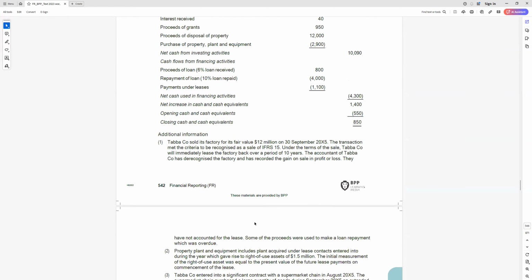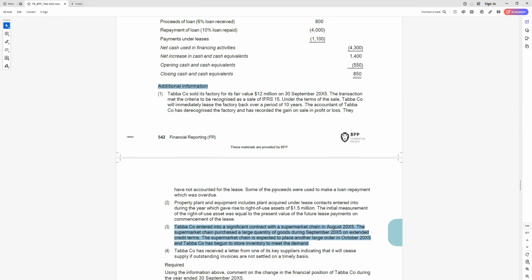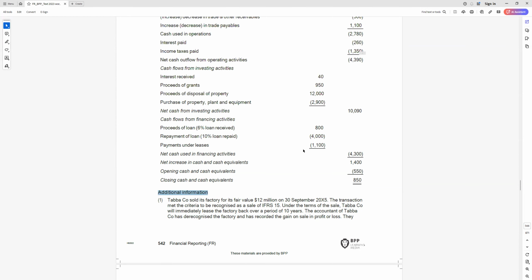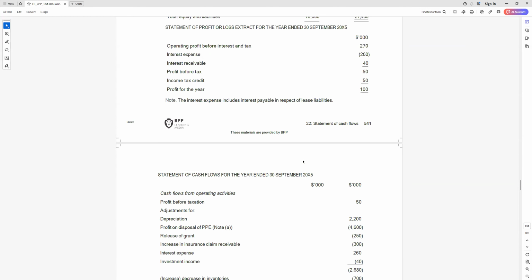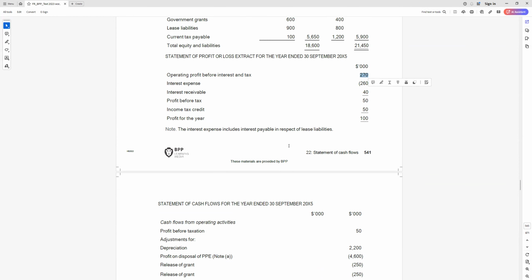Also on top of that, we need to always consider the additional information. This additional information will give us more ideas to write something that we don't get from the financial statement. For example, this one is a supermarket. We don't know the sales, because if you look at the profit and loss account, we have only the operating profit for the current year. We have no idea about the sales for this year versus last year.